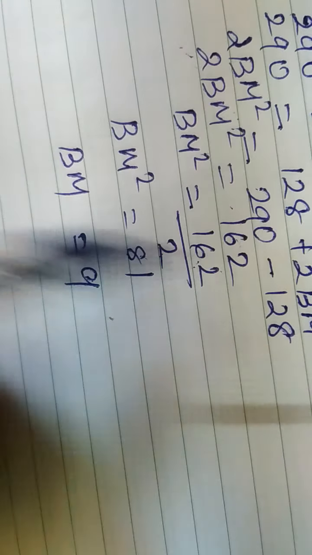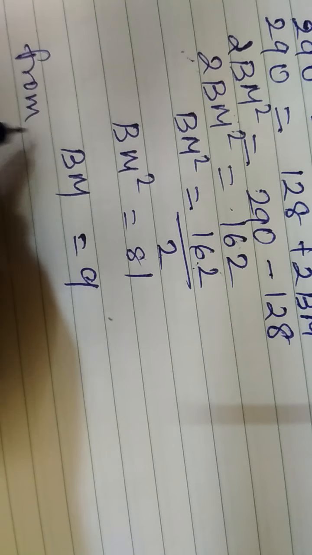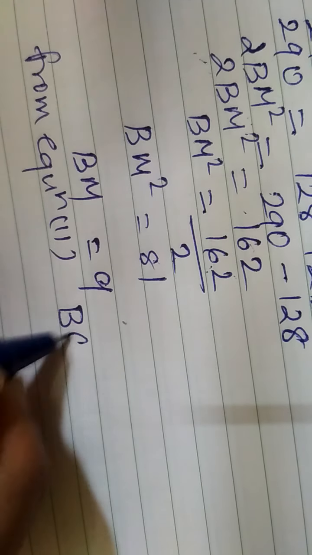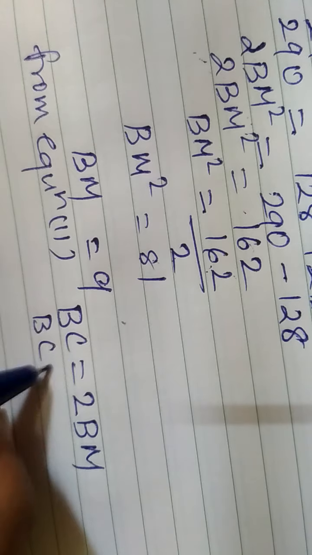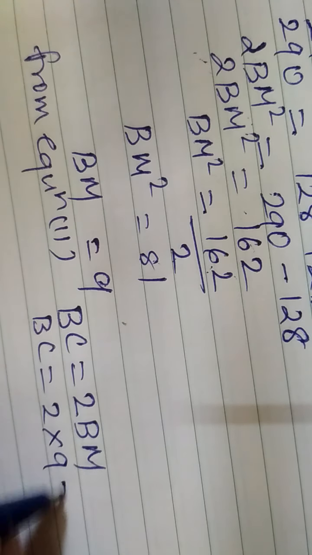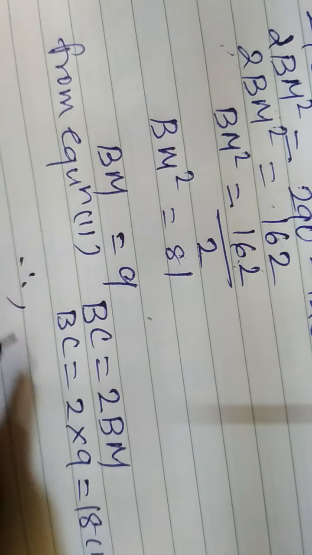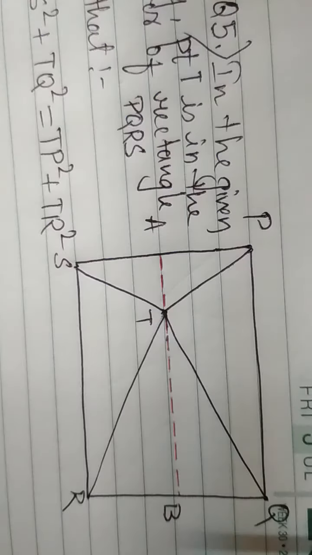So equation 1 and equation 2. Now from equation 2, BC equals 2BM. That means BC equals 2 multiply 9, that is equal to 18 centimeter. So therefore BC equals 18 centimeter.